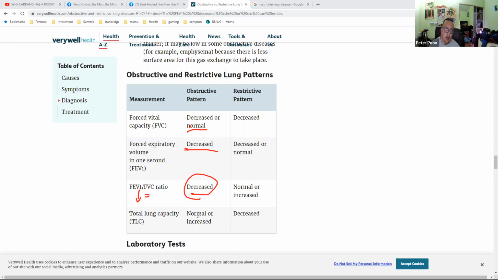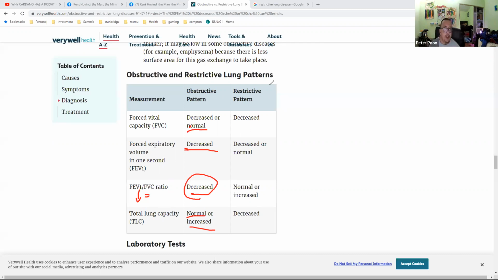Your total lung capacity isn't affected because the problem is your airway, not your lungs. Your total lung capacity is either normal or even increased because you're trying to get air in, so you're working out your lungs and they are actually bigger.